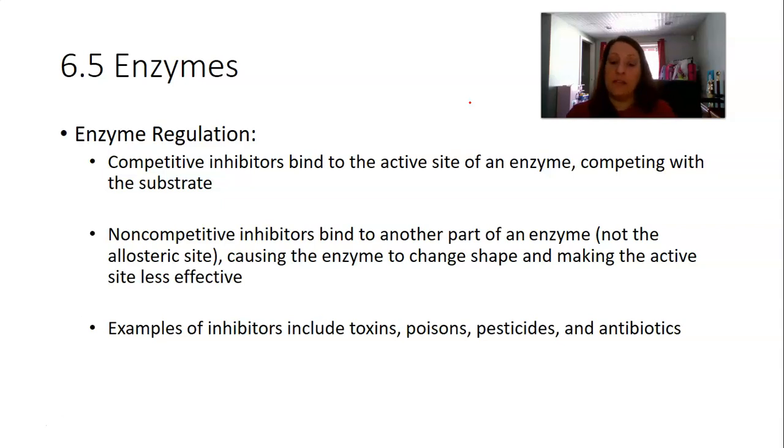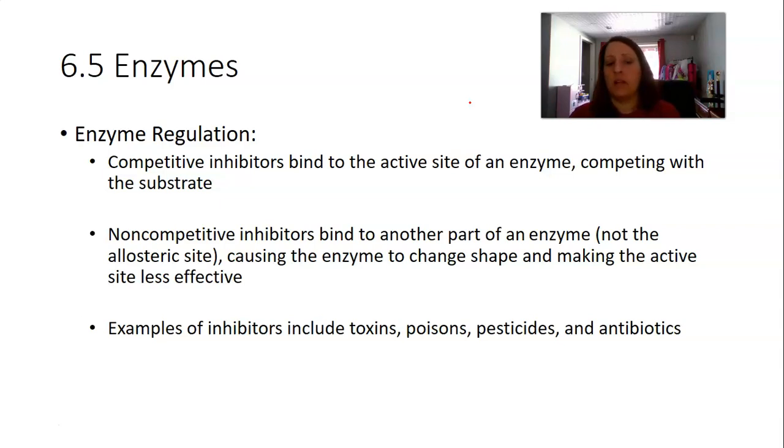We have some naturally occurring inhibitors that work either as competitive or non-competitive inhibitors. There are toxins that work this way, poisons, pesticides, and also antibiotics. So you've all taken antibiotics before. Antibiotics are specific to bacterial proteins, and that's why they don't affect your cells and your proteins.